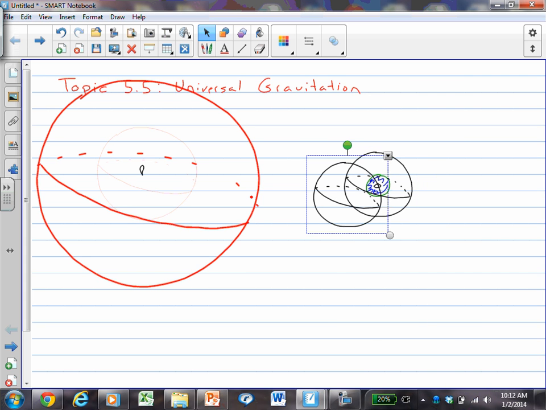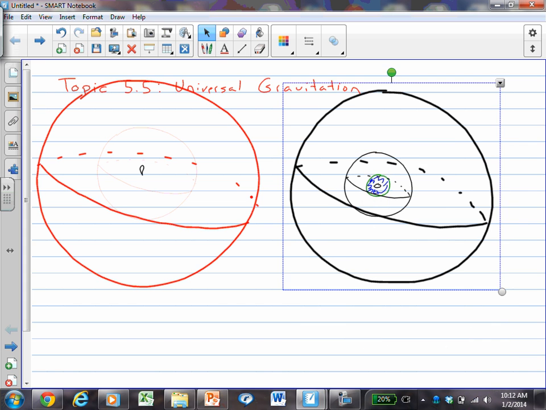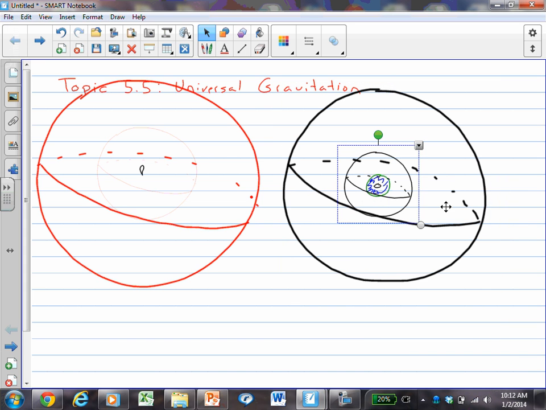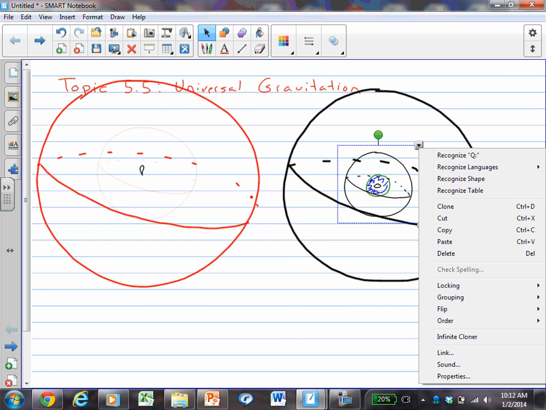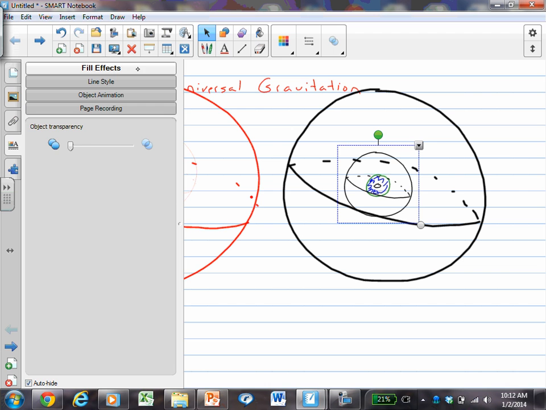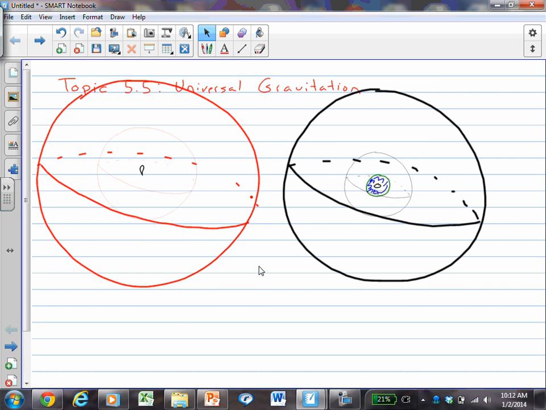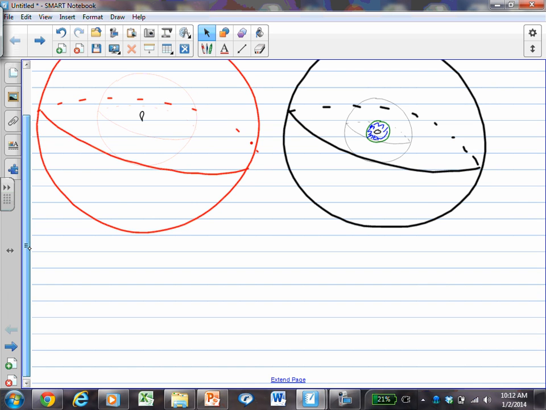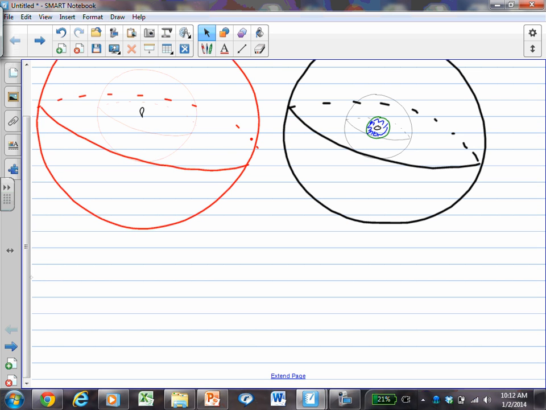And then as you get farther out, that field will weaken because it's spread out on a larger surface area. So we'll apply the field that we learned about with light intensity to the gravitational one.